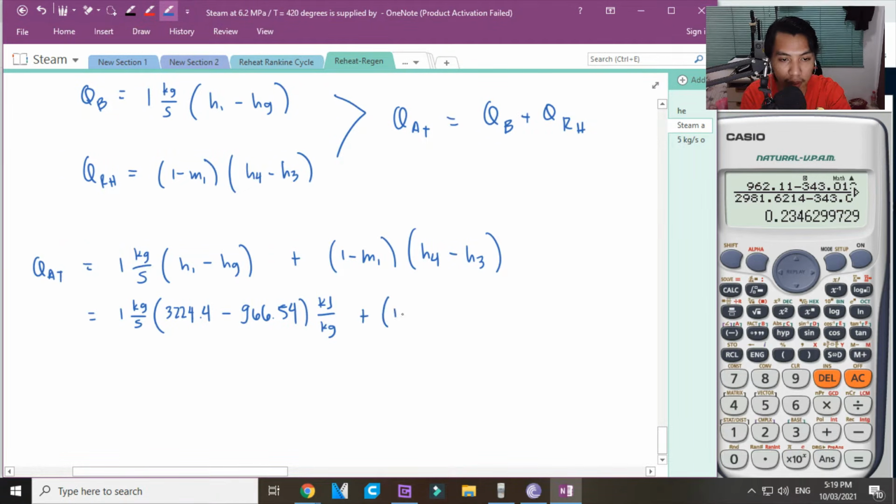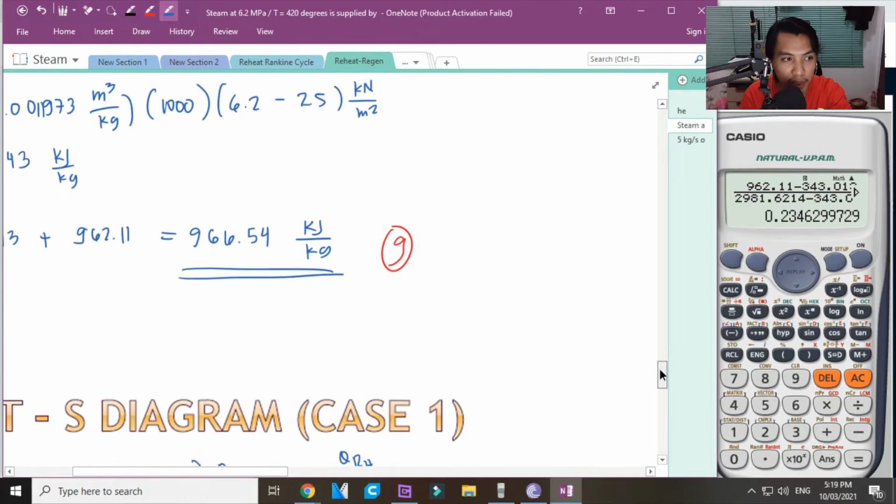Plus 1 minus 0.2346 kilogram per second. Multiply mo sa H4. What is H4?